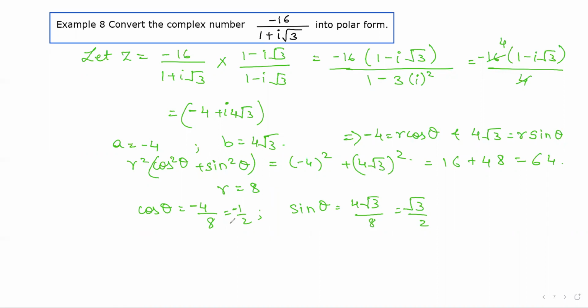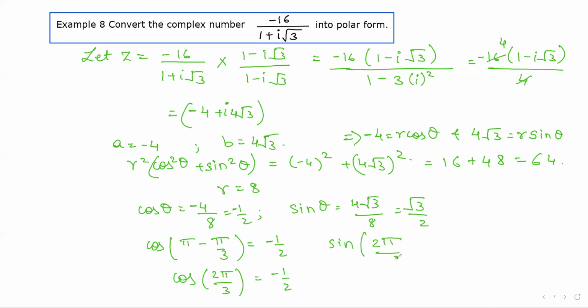Cos is negative and sin is positive, so this is the second quadrant. Now cos is 1 by 2 at 60 degrees, so pi minus pi by 3. Cos of 2 pi by 3 is equal to minus 1 by 2. At the same time, sine of 2 pi by 3 is also equal to root 3 by 2.